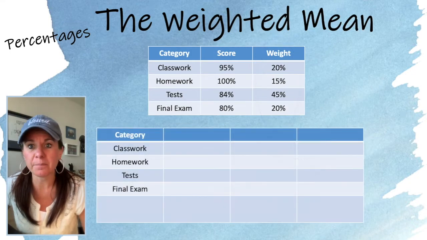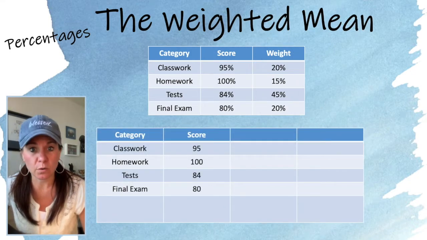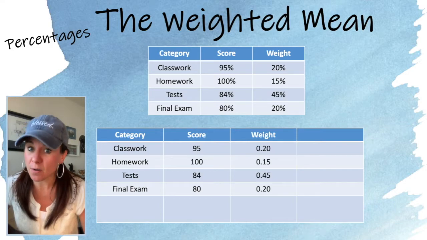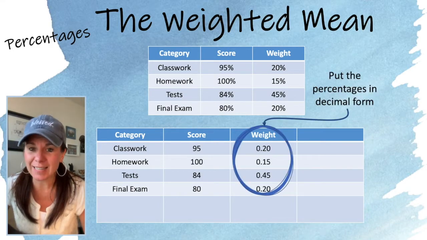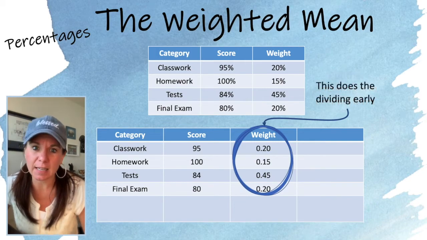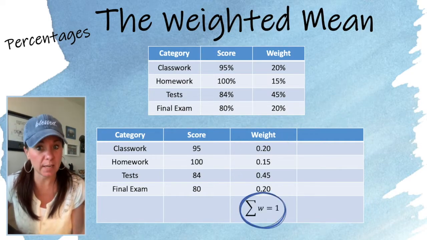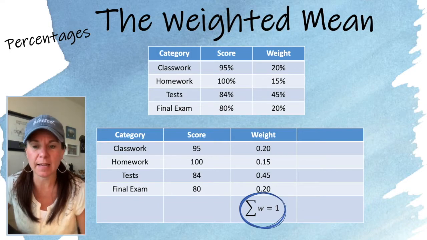Okay, here's our chart. We'll put in the scores and then we're going to put in the weights. Okay, now notice I put the percentages in decimal form. And basically what that does is it does the dividing early. And then we want to make sure that all those add up to 1, just like the percentages before added up to 100%.